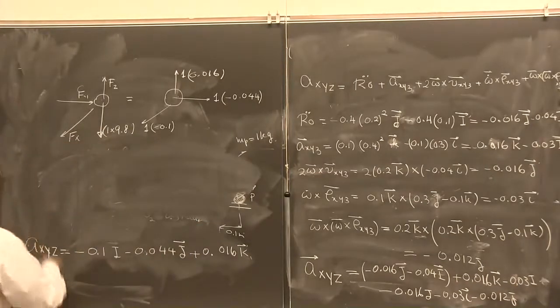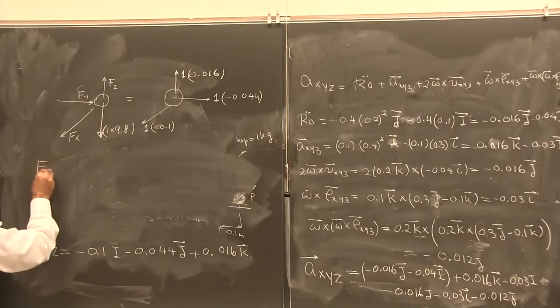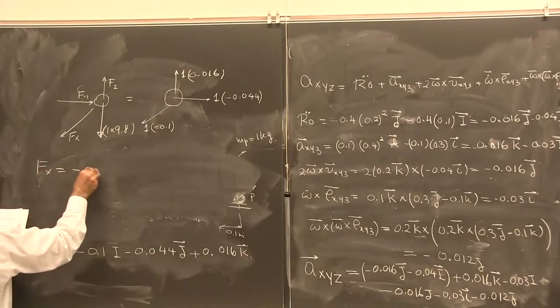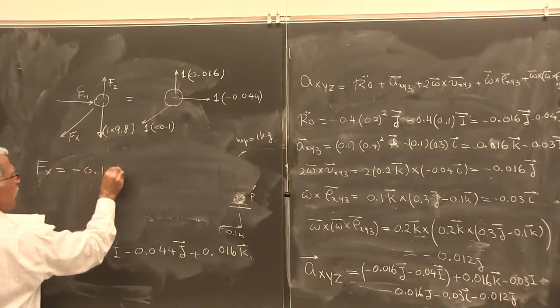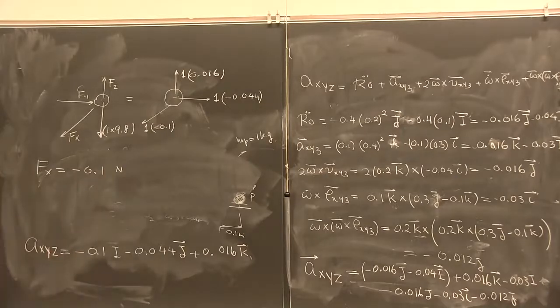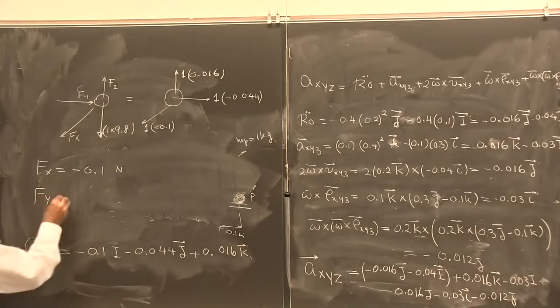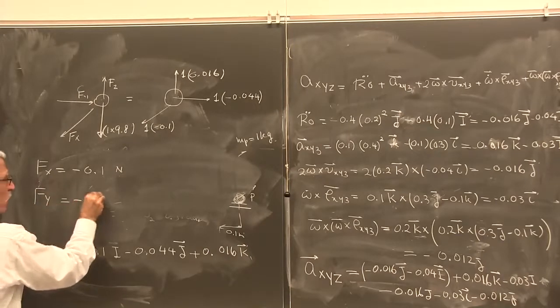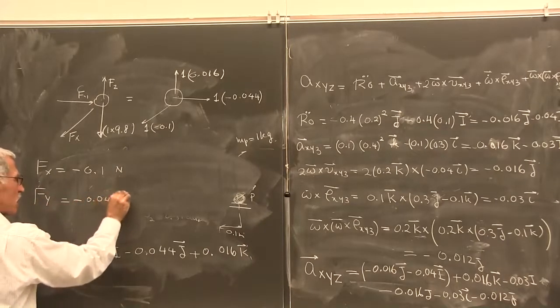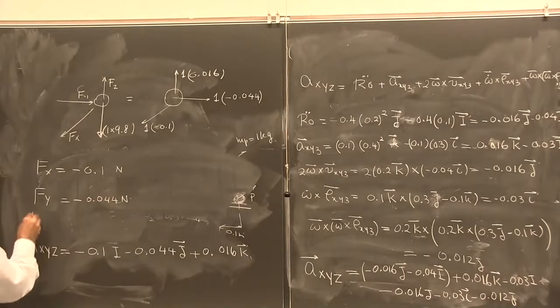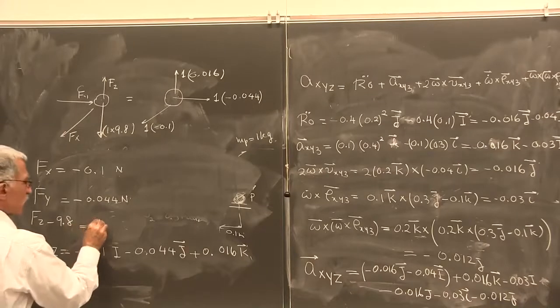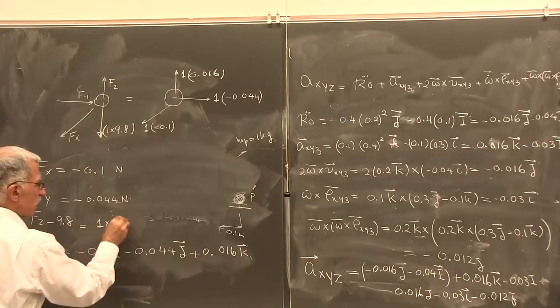So Fx must be equal to minus 0.1 Newton. Fy must be equal to 0.044 Newton. Fz minus 9.8 must be equal to 1 kilogram times 0.016.